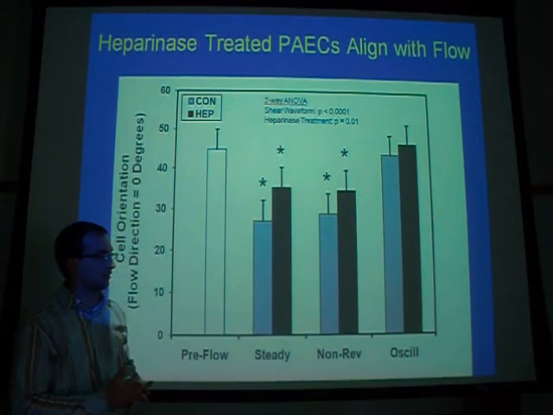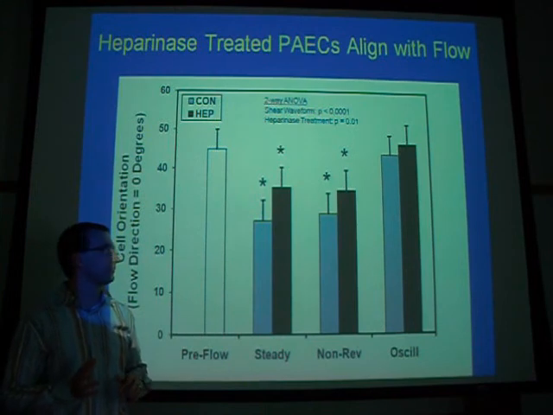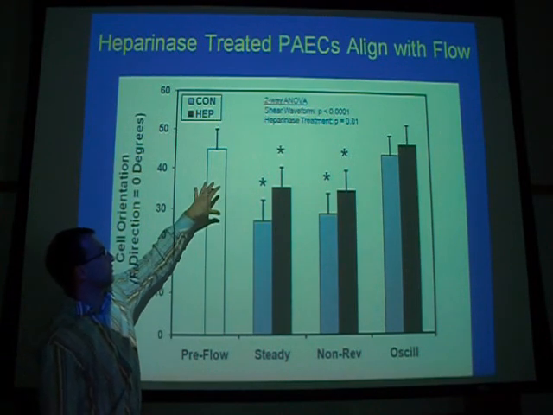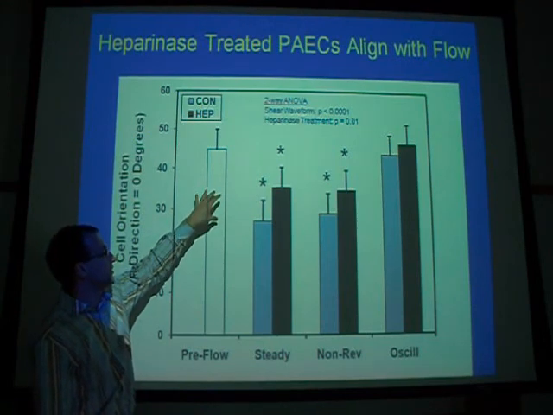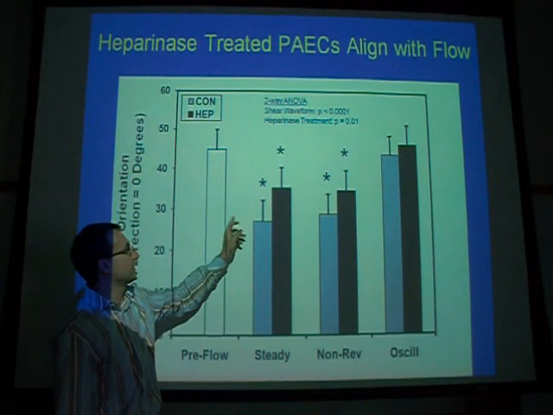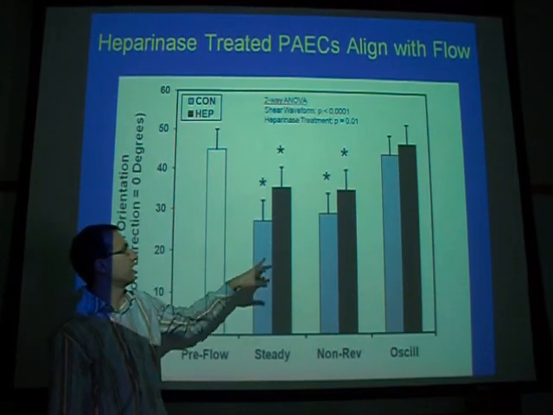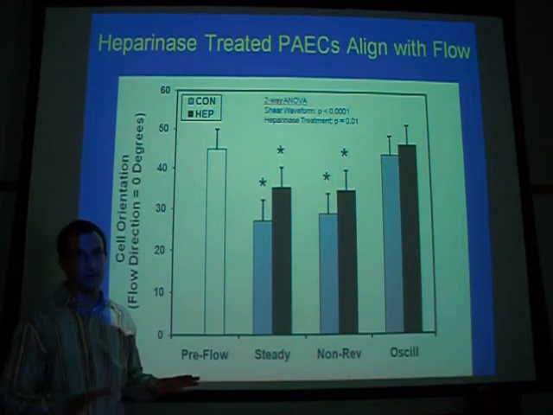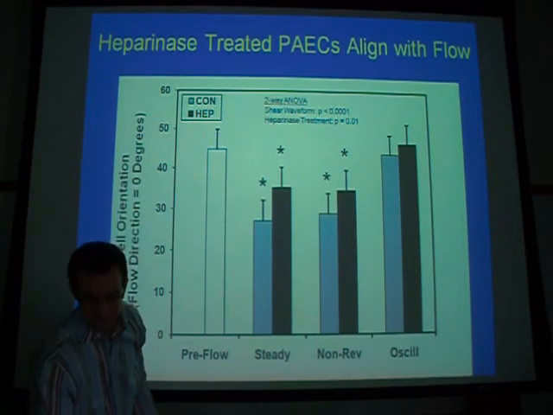So our results are a little bit contradictory to those of Forbes-Dewey's group, who showed that there was no significant difference between the pre-flow and the post-flow when you add heparinase. But we do see a significant difference, so we are seeing some effect of the heparinase enzyme on alignment, just not a full inhibition of alignment.